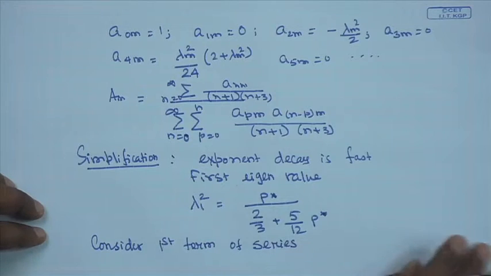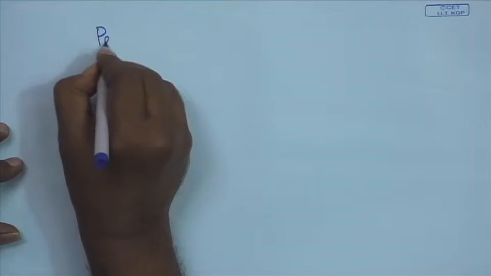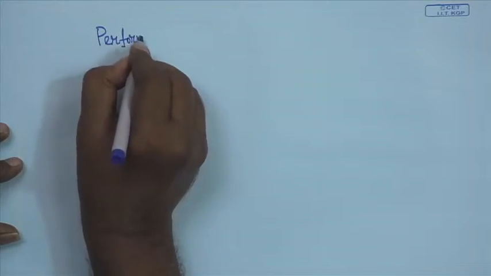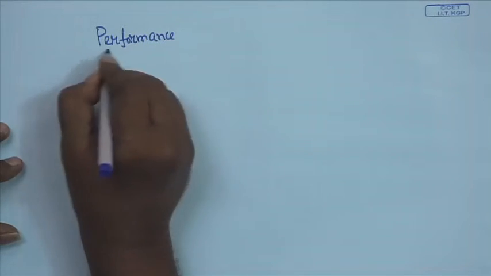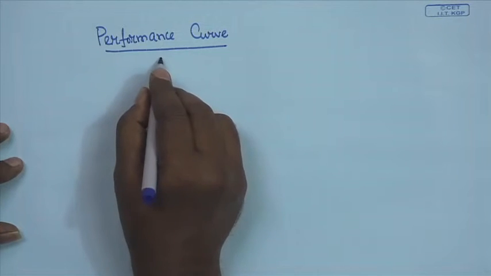If you do that, then a typical plot of log CCM star versus p star x star will give us a performance curve. We compute taking the first eigenvalue, and the performance curve will look something like this.